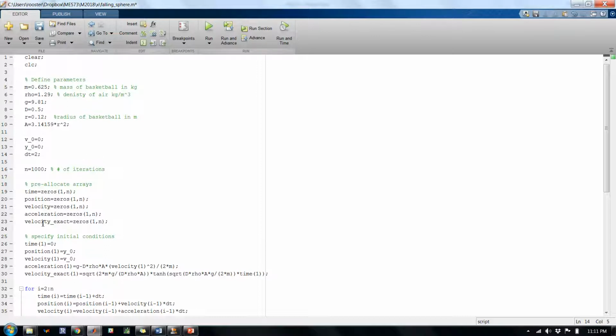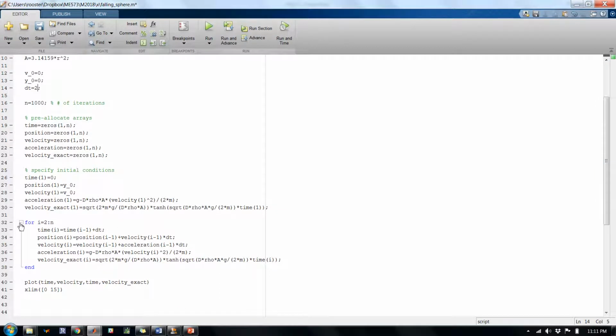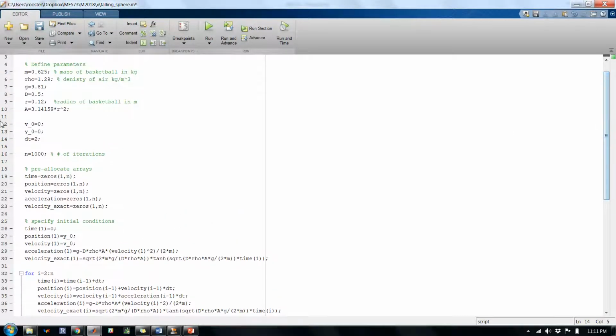Now this will not affect the exact velocity calculation, because you can see both here and in the loop down here, both this line, line 30 as well as line 37, there's no dt showing up. We're just evaluating the function. However, this will affect the approximation, right? Now dt of 2 seconds is what I just put in, as opposed to a tenth of a second.